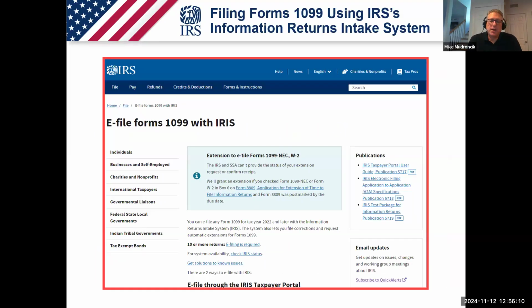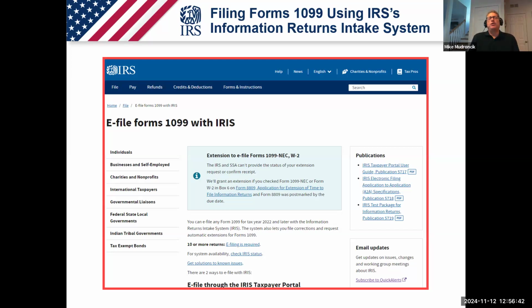In addition, the IRS, just within the last year and a half, has put out a new system that you can also use to file the Form 1099, which includes the Form 1099-NEC. There are a large number of Forms 1099: a 1099-MISC, a 1099-DIV, which stands for dividends. These are all what we call information return forms.